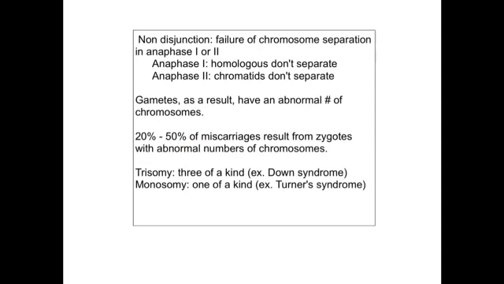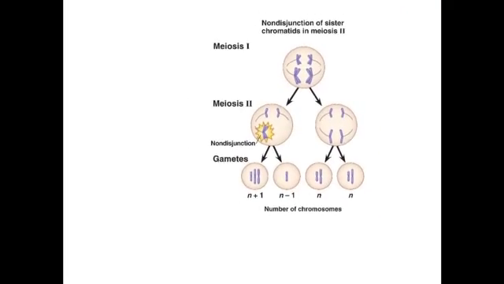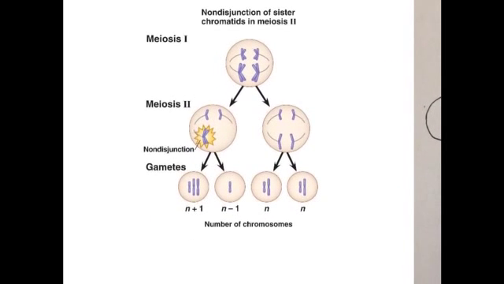So let's move over and look at a picture of this. You can see here, this is an example of nondisjunction happening in the second half of meiosis, where your first part, I'll just use my laser pointer here, seemed to go pretty well.